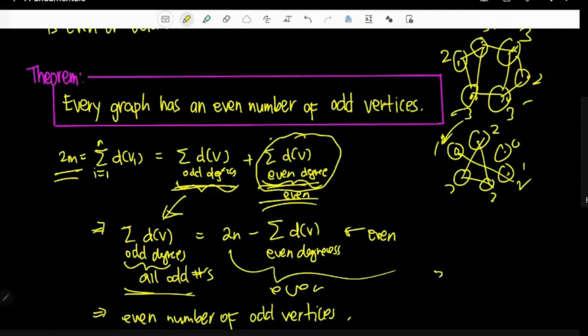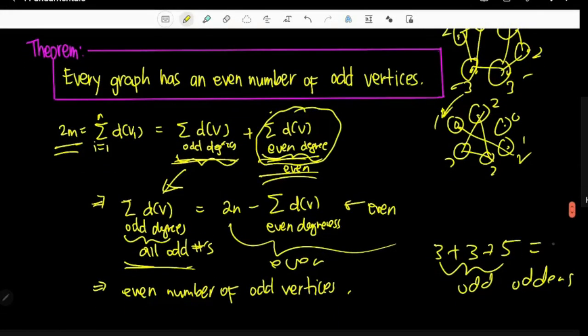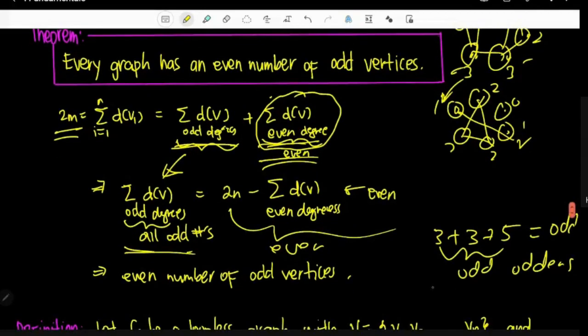So, for example, 3 plus 3 plus 5, meron kang tatlong addends, kaya ang magiging result niyan, magiging odd din yan. Pero kung 1 plus 3 plus 5 plus 7, 4, so, even na addends. Pag inadd mo yan, ang magiging sagot, even pa rin.